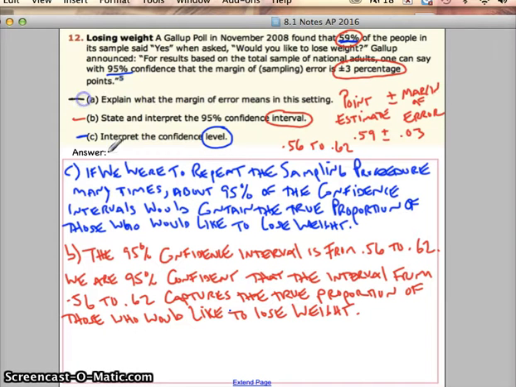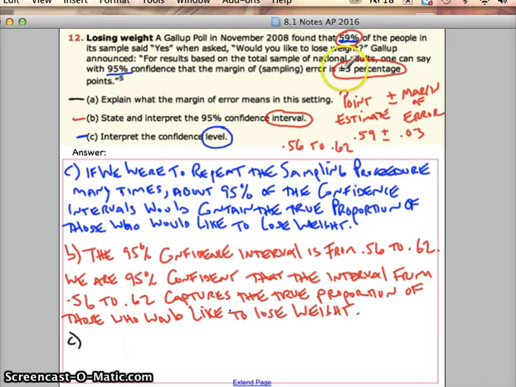And then the last one is explaining the margin of error. If you go back through the notes, there's a little bit about the margin of error. It's what we add on and subtract from our point estimate to get the endpoints of our interval. It's also kind of how accurate we are, or how far off we think we are from the true mean or true proportion.